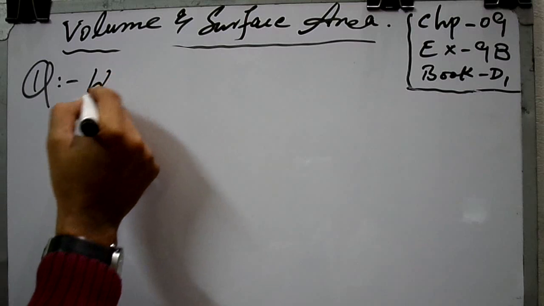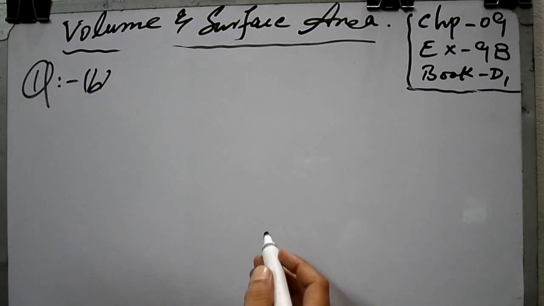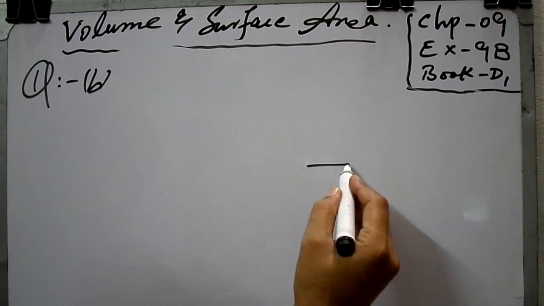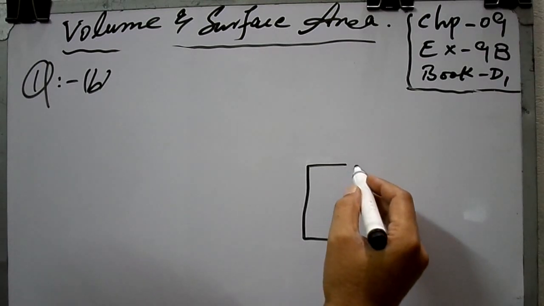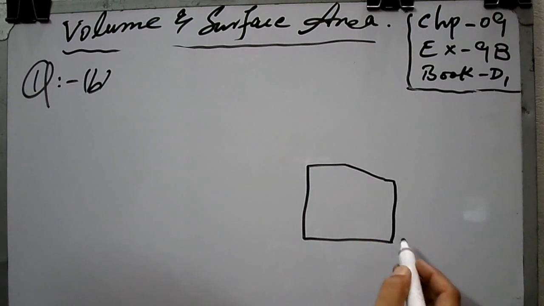Similarly in B part you can see the configuration. How can we find its volume? The configuration is like this. You can see here like this, and then a little bit banded portion, and like this.